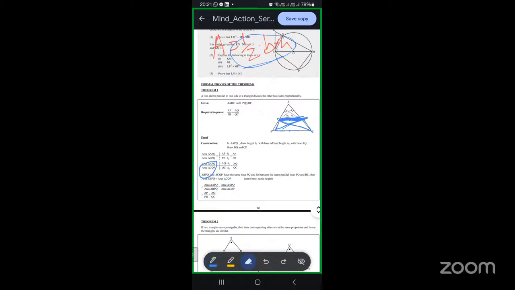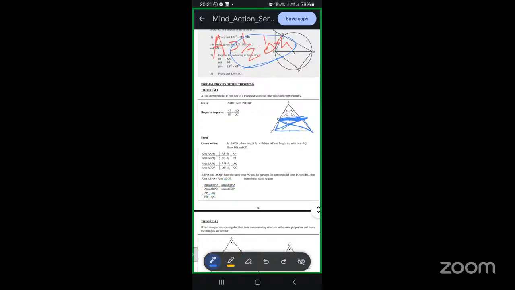We said the area of BPQ is equal to the area of CPQ, meaning this part is equal to this part.